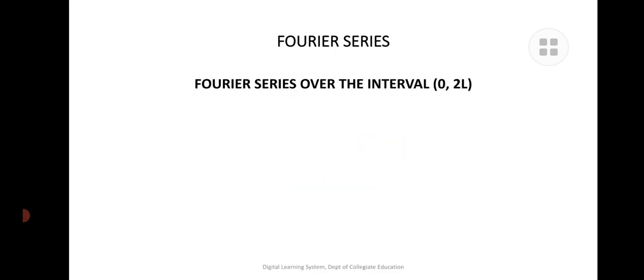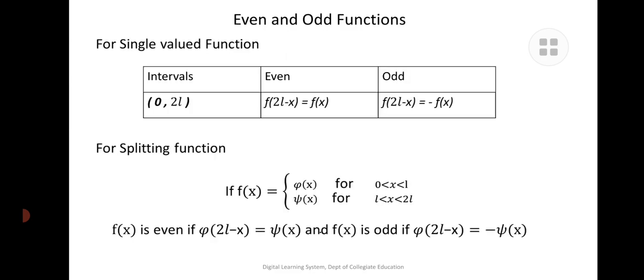One of the most important topics in Fourier series is the function of even and odd. This section can make our lives a lot easier because it reduces the work required.